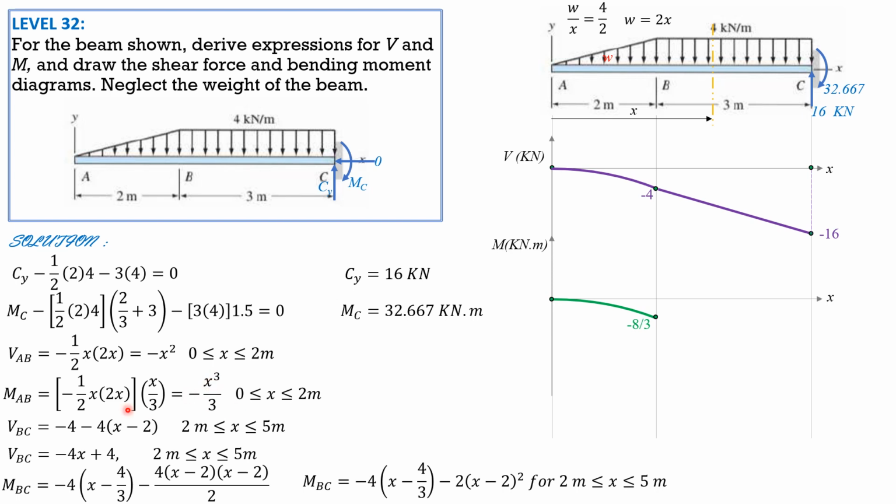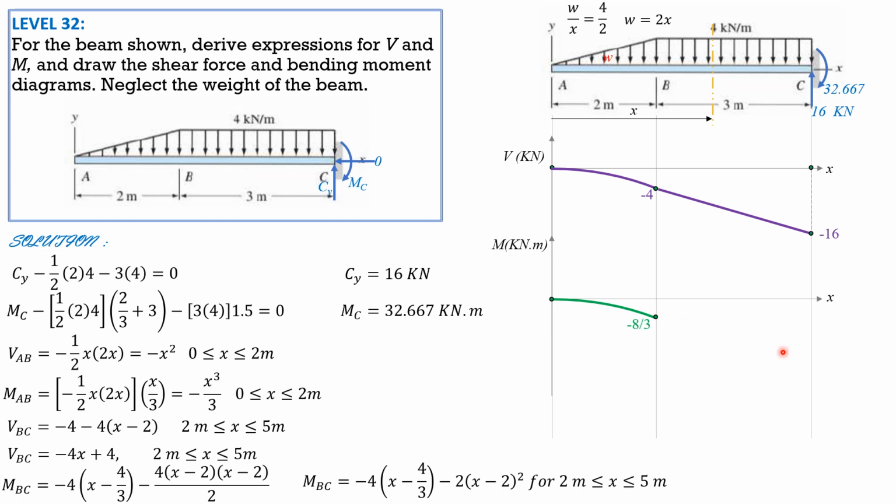If you differentiate this twice, the concavity is negative. Then for BC, this is the formula. When x is 2, substitute here: negative 4 times quantity 2 minus 4/3, that's 2/3, so 2/3 times negative 4 is also negative 8/3.